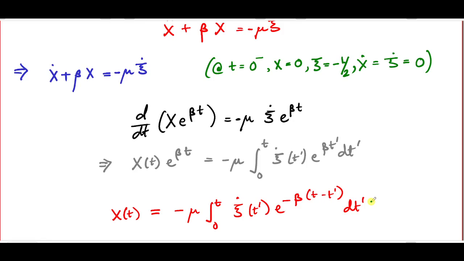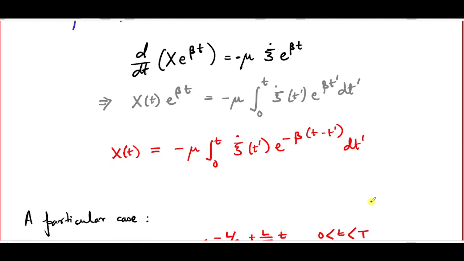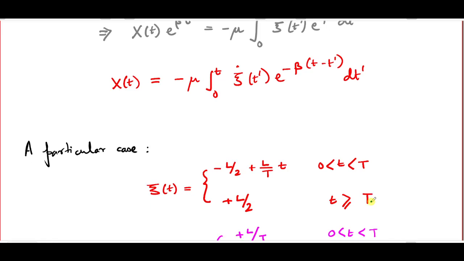Now, to be definite about our conclusions, let us talk of a particular case where we take a very simple form for xi of t. Xi of t is taken to be simply this, that is, the fellow actually moves with respect to the boat for a time capital T in total, and after capital T, he stays fixed at plus L by 2.